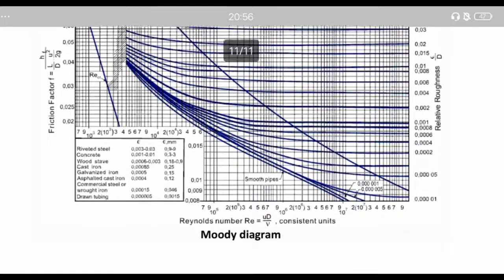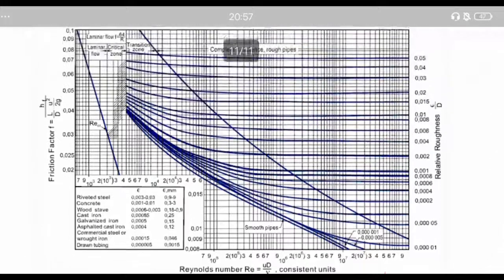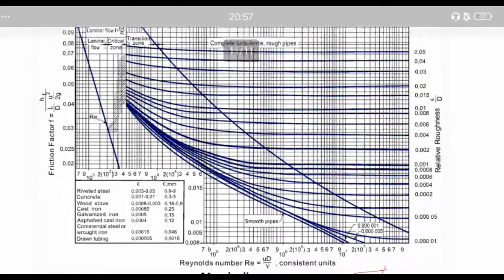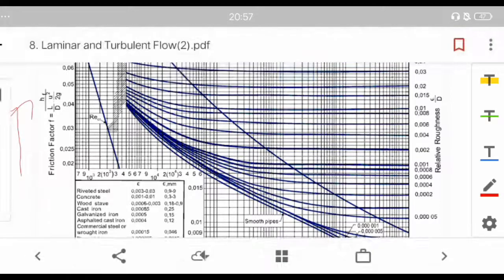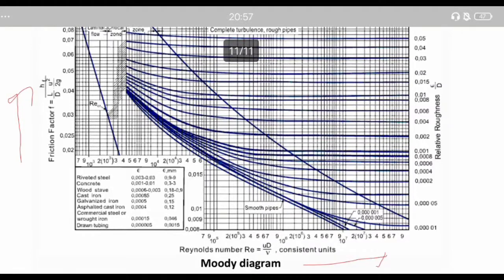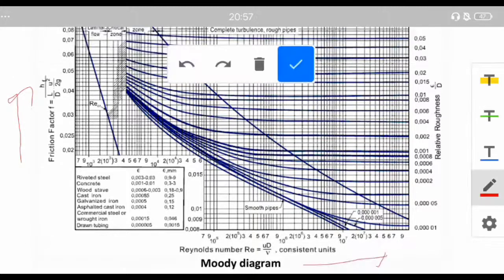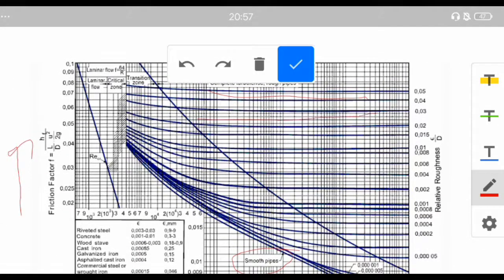Reynolds number is given in the x-axis and the friction factor is given in the y-axis, and there are various lines or curves that are drawn, and these are for the smooth pipes, and these almost horizontal lines are for the rough pipes.